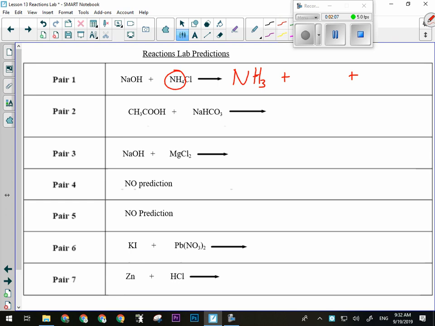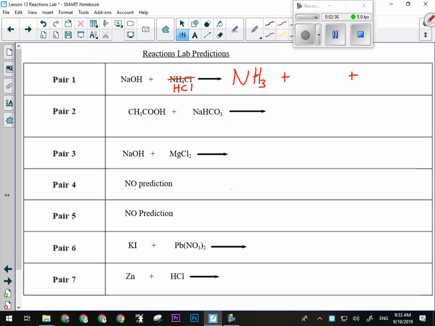When that happens, effectively we take 3 of the hydrogens and the nitrogen off of this compound, and that leaves us instead with that. Now, if you can figure out what the rest of the reaction would look like, given that we've now removed the ammonia from there, I think you can figure out the other 2 products. Treat it like it's a double replacement reaction and go from there.